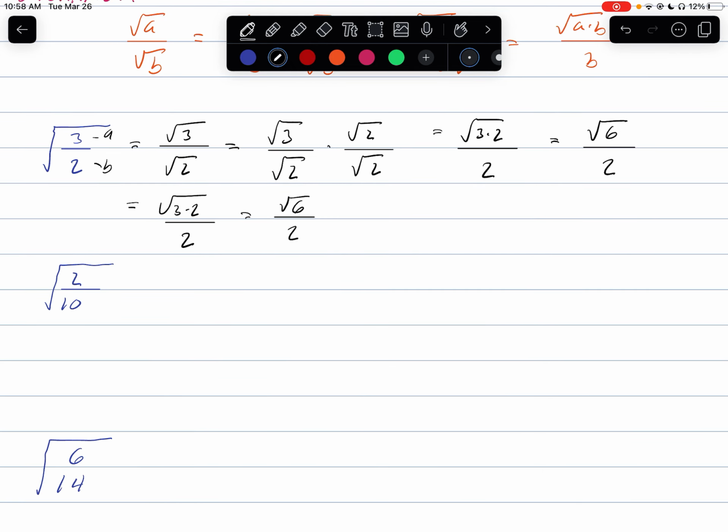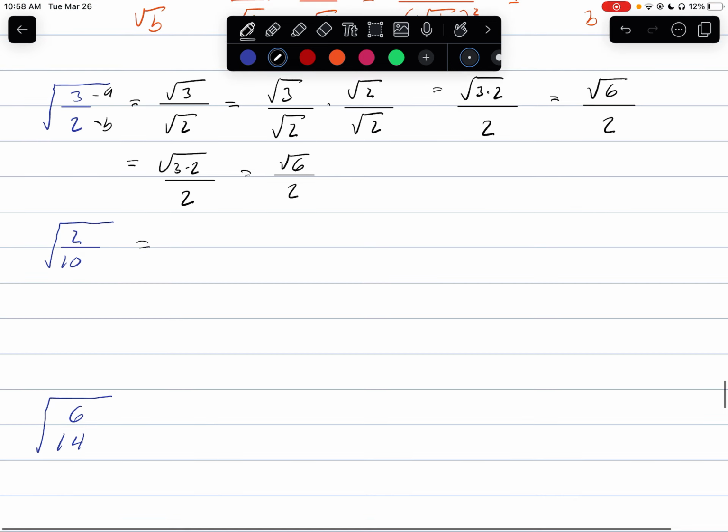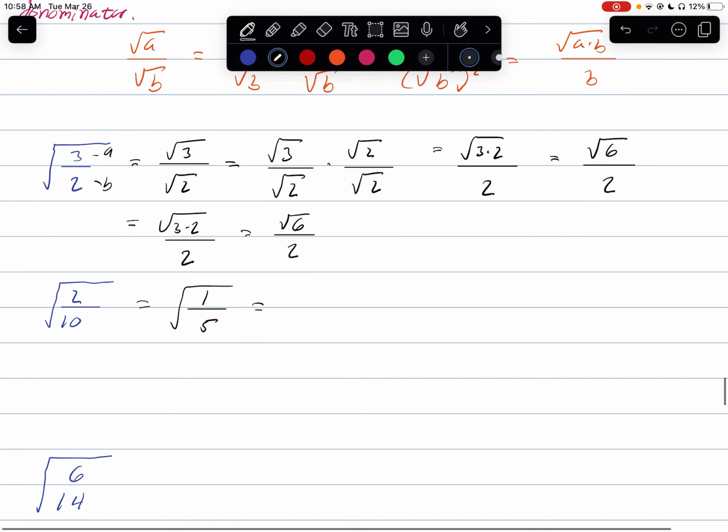So if we apply that here, we have the square root of 2 over 10. The first thing we always want to do, by the way, is try to simplify this as much as we can before we utilize this rule. So we rewrite this as the square root of 1 over 5, since 2 over 10 simplifies to 1 over 5. Then we can go ahead and apply our rule.